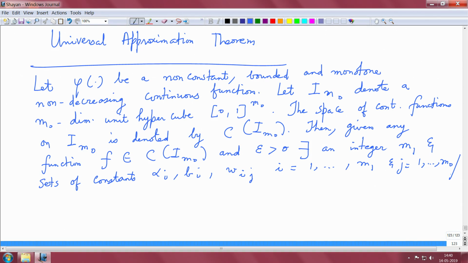such that this function over these variables 1 to m naught can be described in this form.